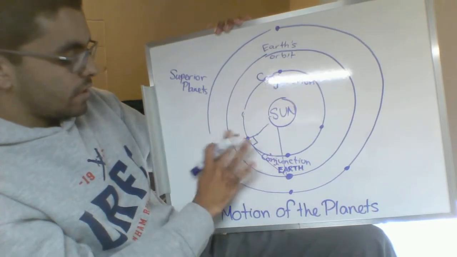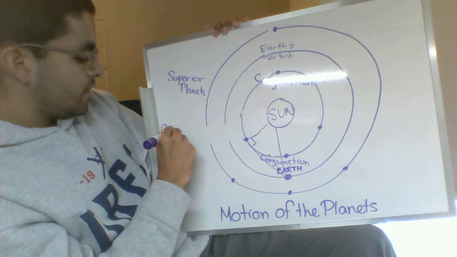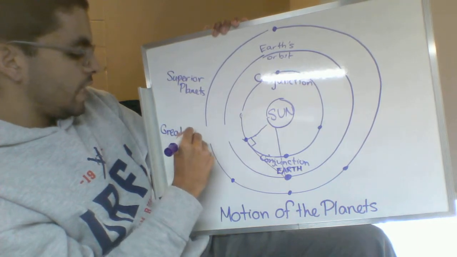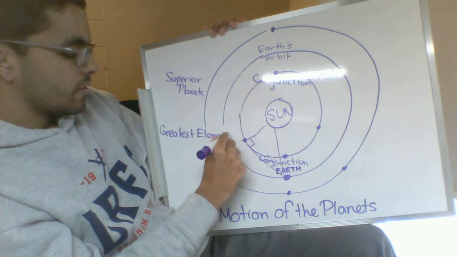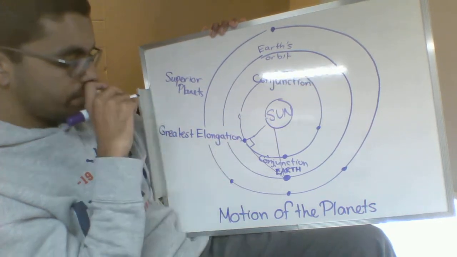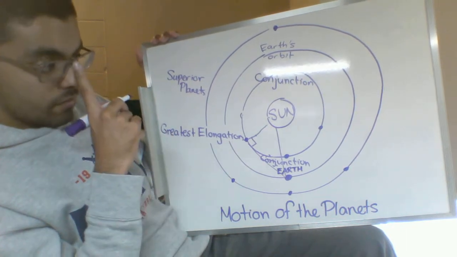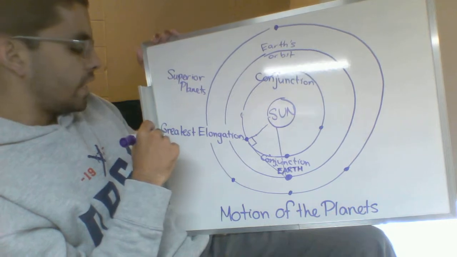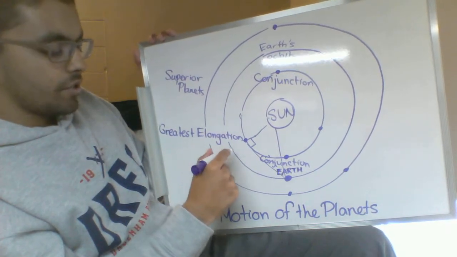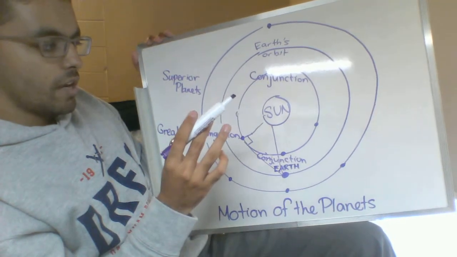And we call that greatest elongation. So this is greatest elongation right here, and that's basically the farthest you'll ever see that planet from the sun.